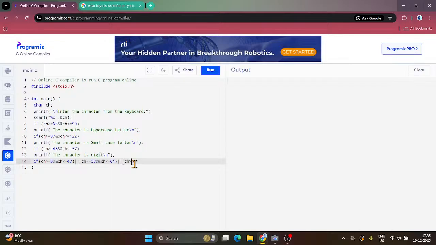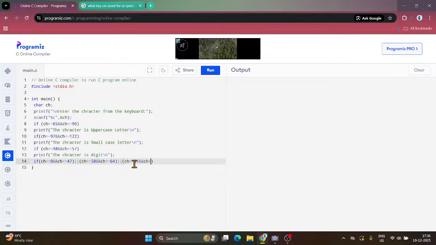Or CH greater than or equal to 91 and CH smaller than or equal to 96.